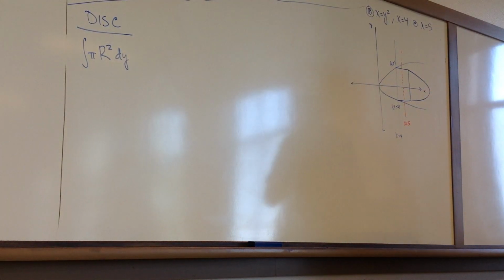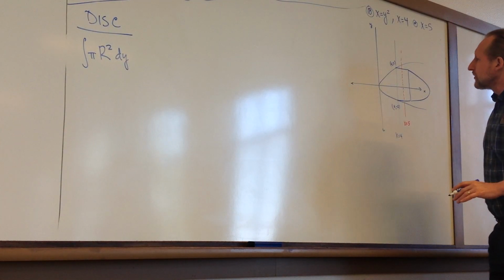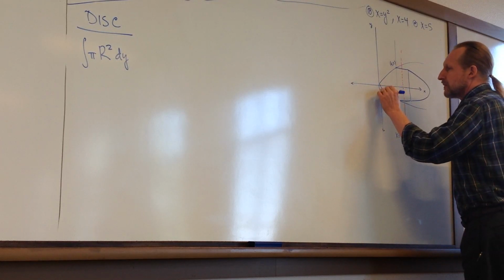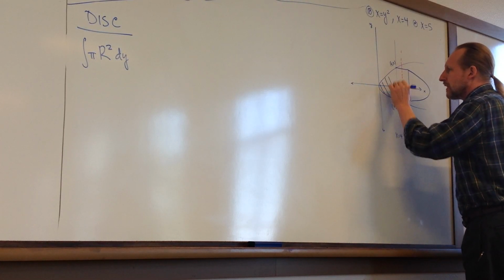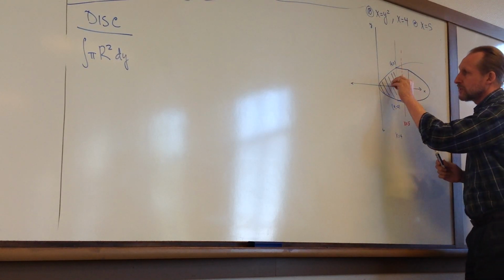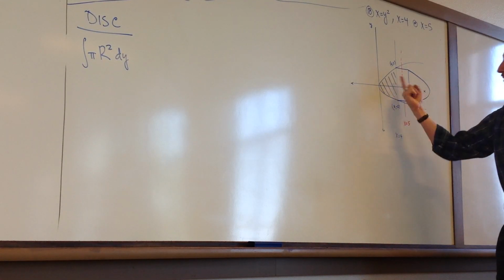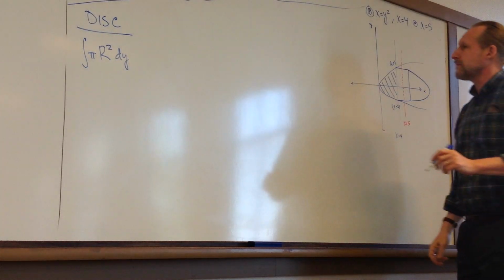Now, where's the area that we want to rotate? I should have done that a minute ago, but here it is right here. This is the area that's defined by x equals y squared and x equals 4. It encloses this little section right here. So this is the section that's going to get rotated around that x equals 5 line.